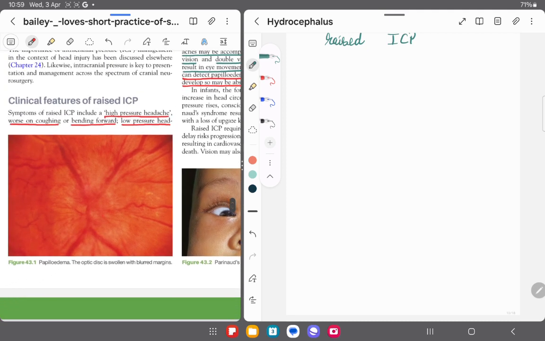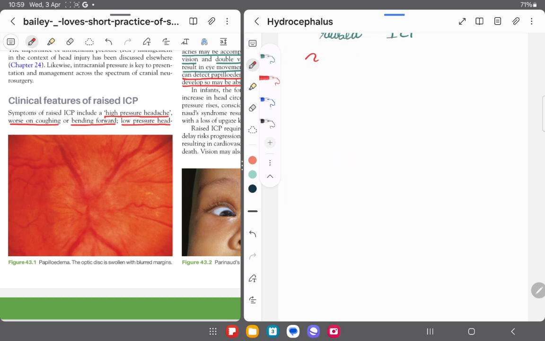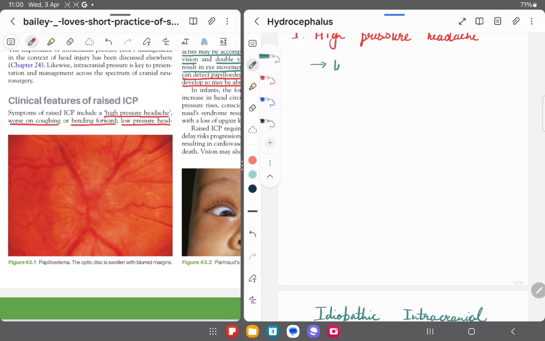So let us note down our findings. In clinical features, number one, high pressure headaches. High pressure headache is worse on coughing or bending forward.